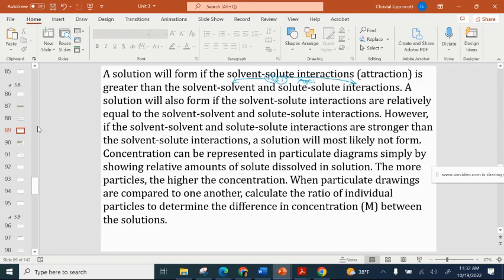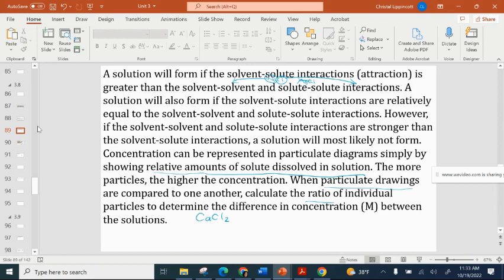Again, when you're doing your diagrams, make sure that you have the right relative amounts of solute dissolved in the solution. When you're doing particulate diagrams, make sure that you have the ratios right. For example, if you had this one drawn in, you would want one of these for every two of these drawn in. These are not in a 1-to-1 ratio. So when you draw this, make sure that you have those ratios correct.